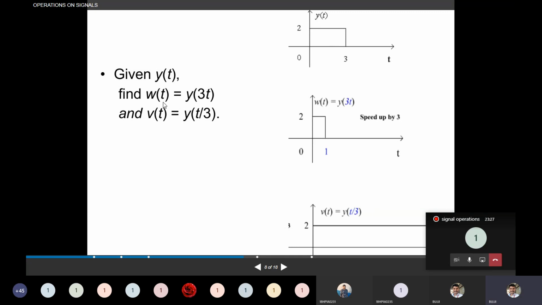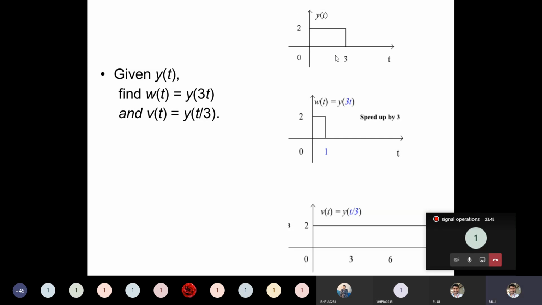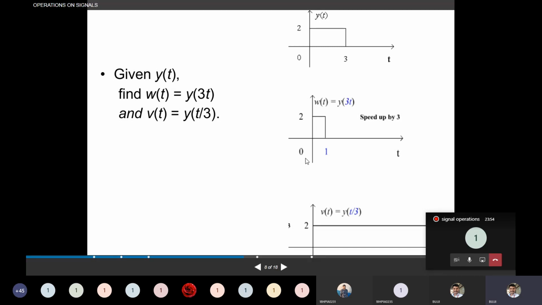Here, find w of t equal to y of 3t, the scaled version of the signal. 3t becomes 0, that is 0 only. 3t becomes 3, so t is 1. We are equating to the initial value and final value. The amplitude is fixed. Did you get my point?